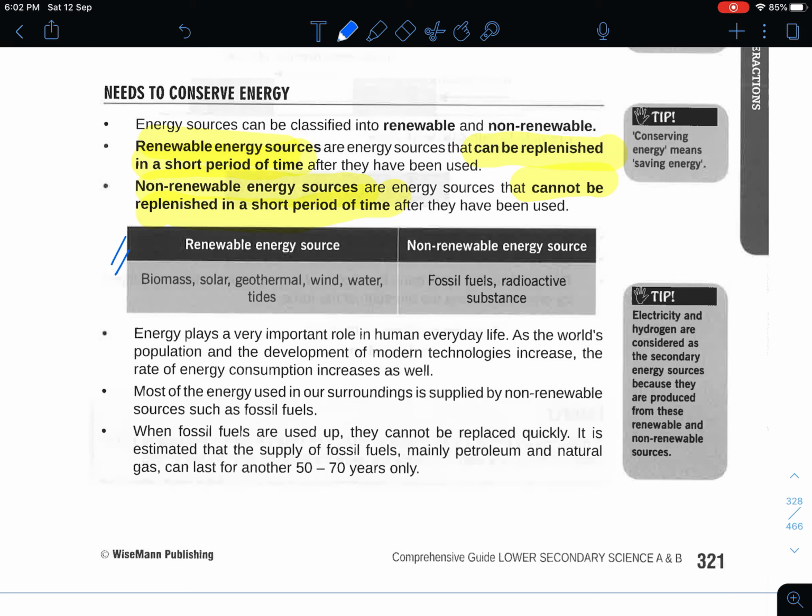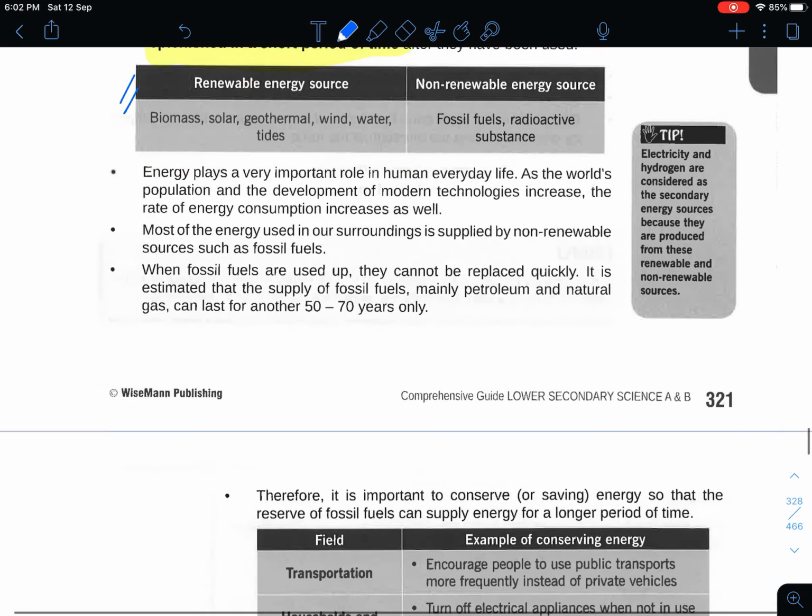So most of the energy used in our surroundings is supplied by non-renewable sources, like your fossil fuel. Once fossil fuels are used up, they cannot be replaced quickly. That's why it is estimated that the supply of fossil fuel, like petroleum and natural gas, can at most last another 50-70 years. So we are now trying to leverage other forms of energy and to reduce fossil fuel usage.